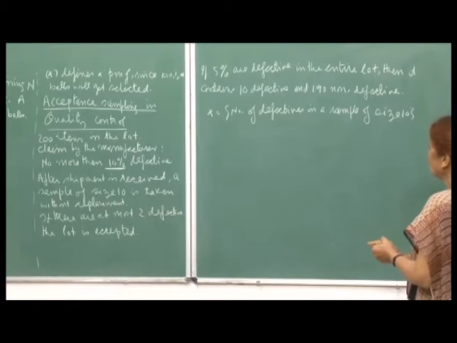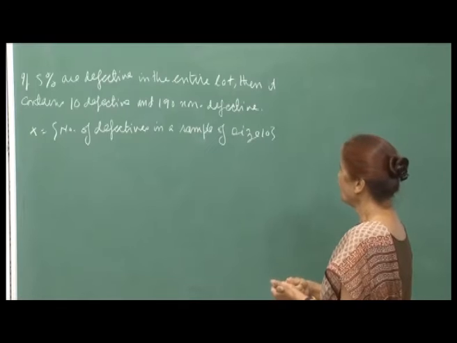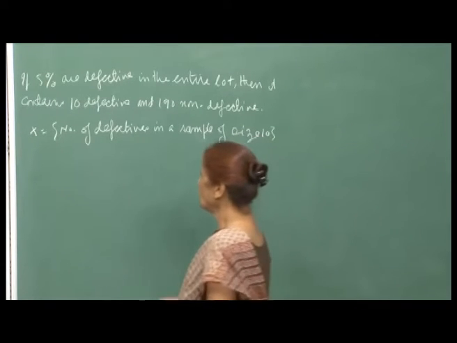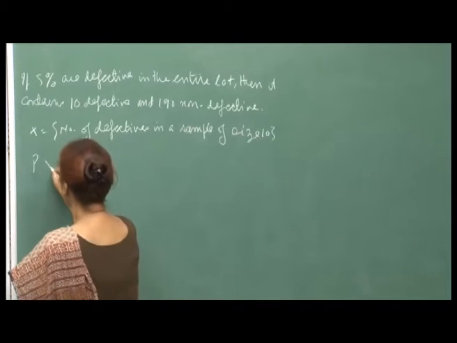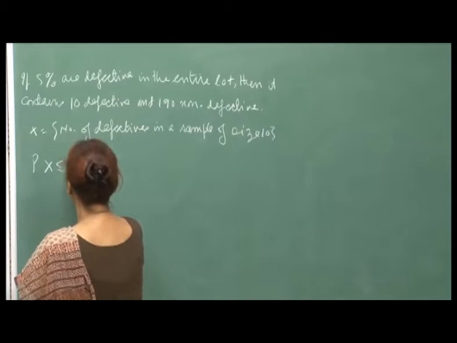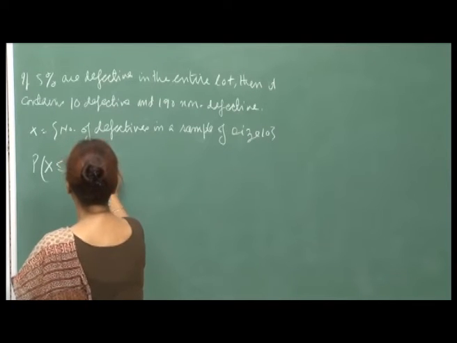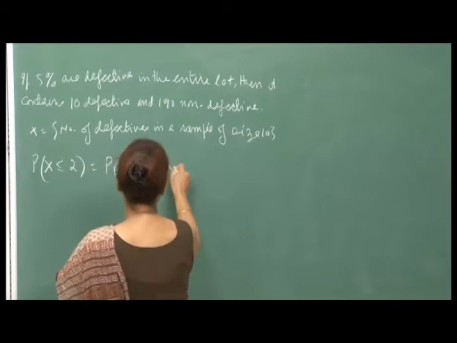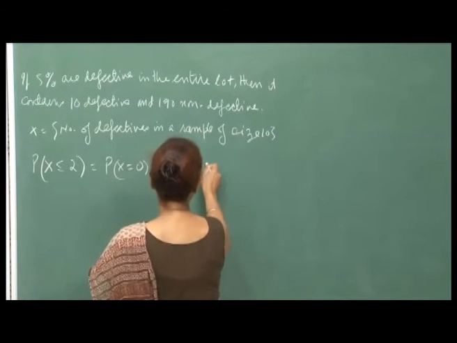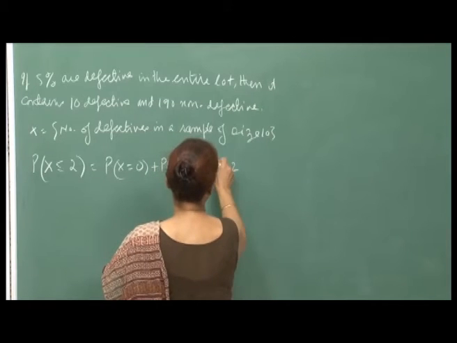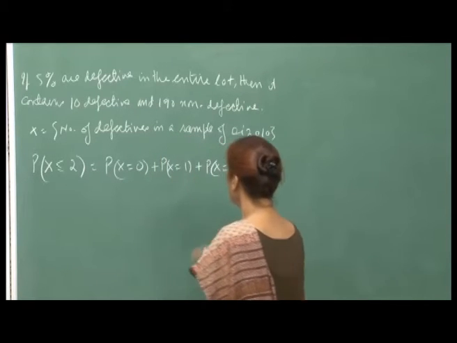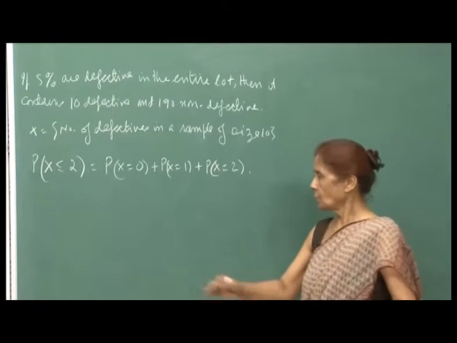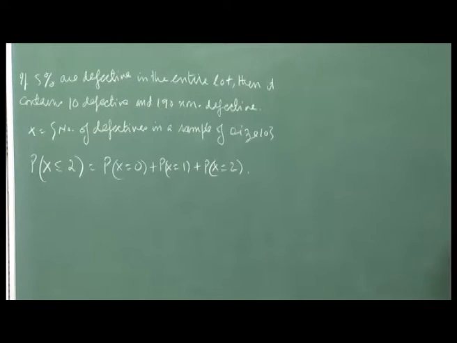So, now if you want to compute the number of defectives in a sample of size 10, x is this, then you want to compute the probability that x is less than or equal to 2, which means probability x equal to 0 plus probability x equal to 1 plus probability x equal to 2. So, this is what you want to compute, and I will just show you the calculations here.